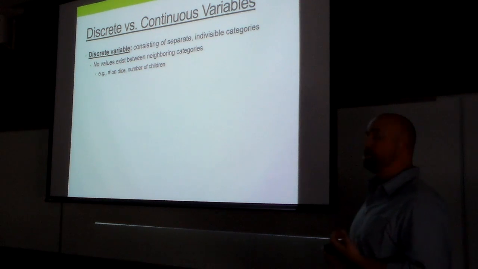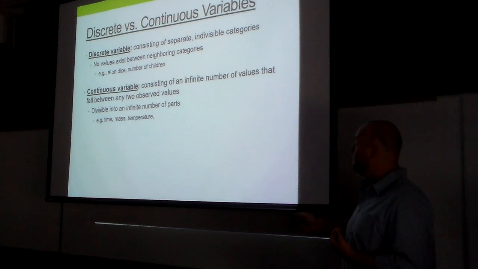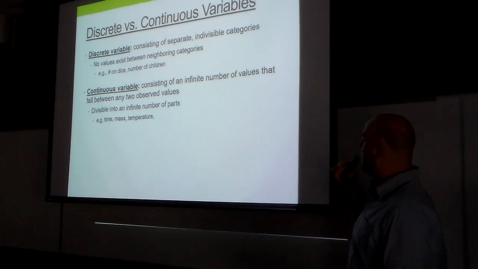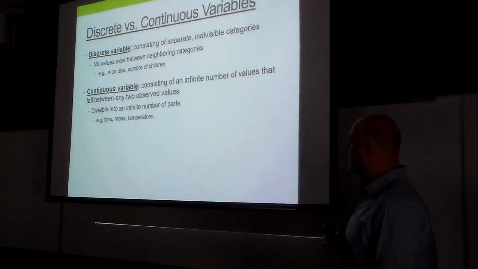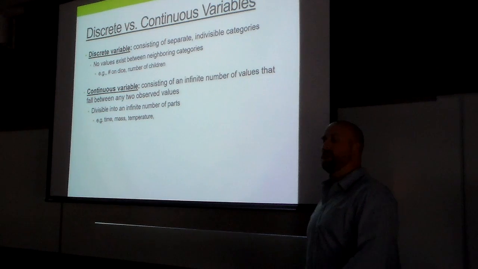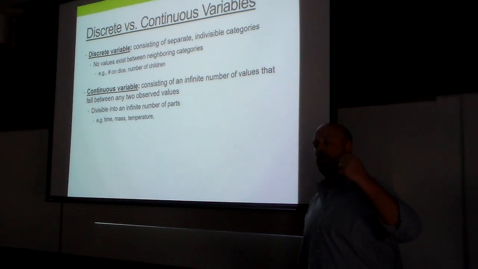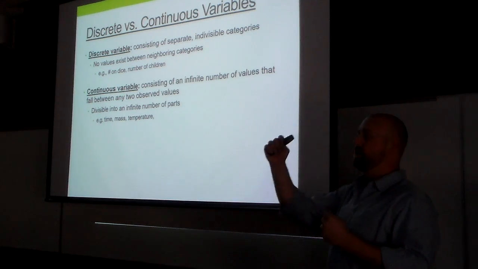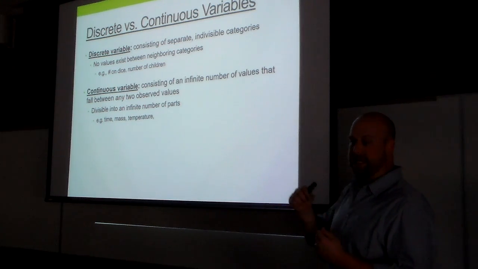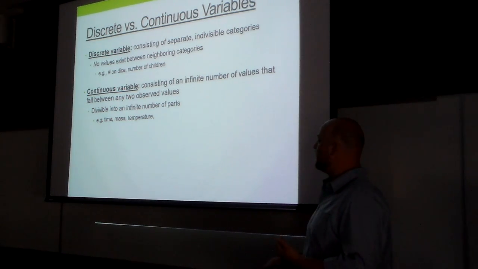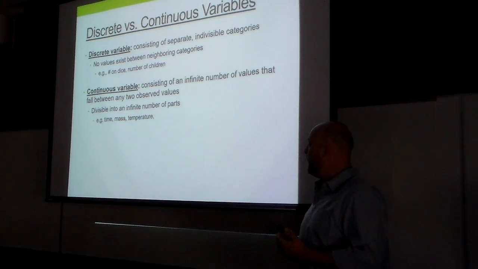That's not an actual representation of something that I could have on that. And so we start to become limited in terms of the analyses that we can run with discrete values versus continuous values. This is some variable that has an infinite number of values that fall between any two observed points, right? I can take a tape measure and measure height, right? But depending on the precision of my instrument, I can get increasingly down to microns of height if I decided to measure it at that level, right? That's a continuous construct: mass, temperature, time.